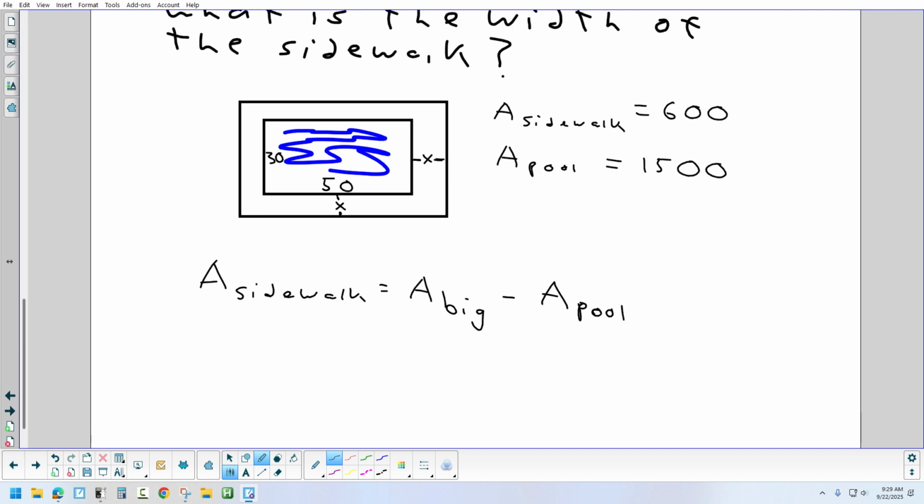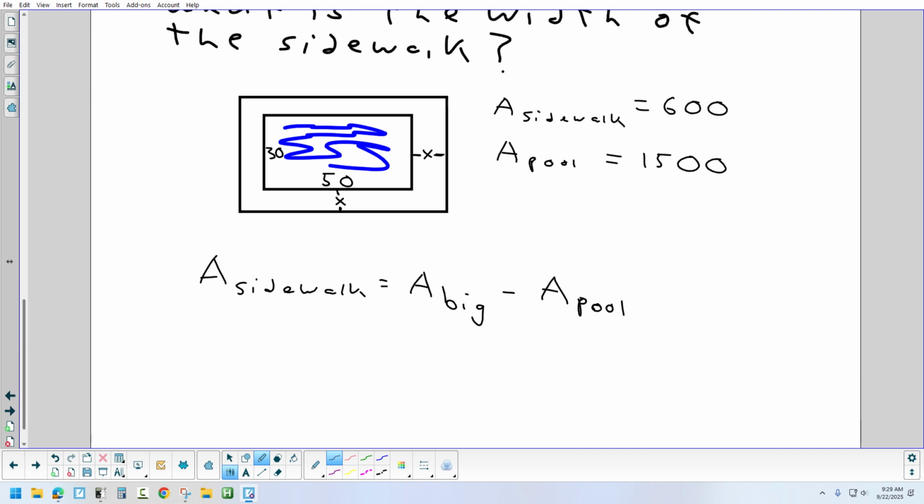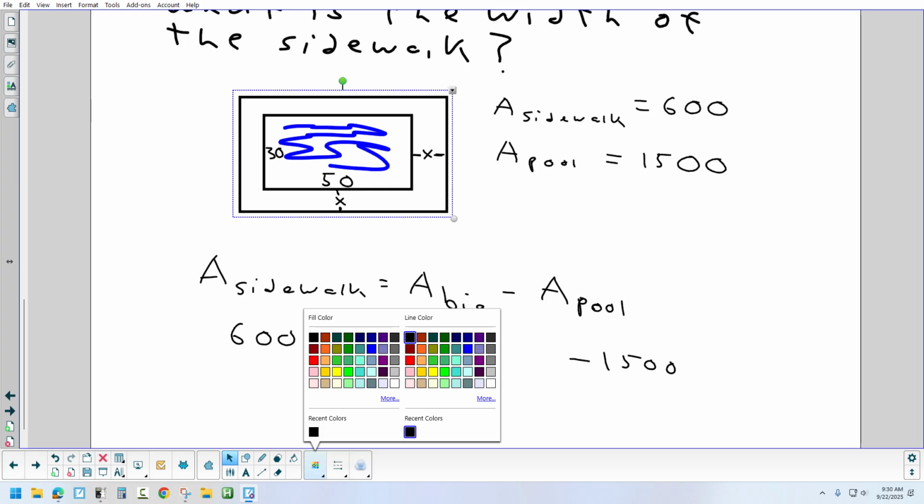So let's fill in everything that we know. What's the area of the sidewalk? 600. That was given. What's the area of the pool? 1,500. That wasn't given, but it is something we found. Now we need the area of the big rectangle. Just to be clear which rectangle I'm talking about, I can make it a different color.